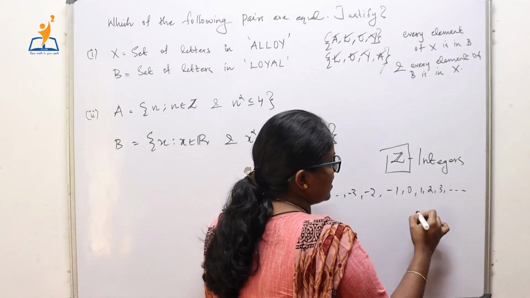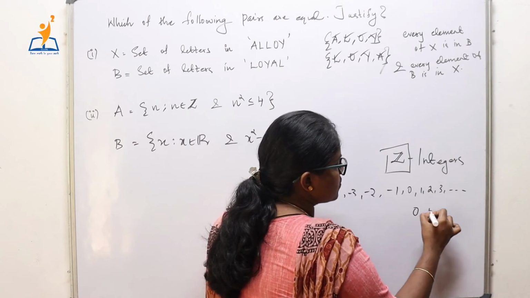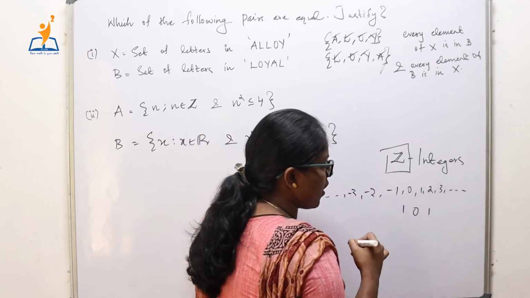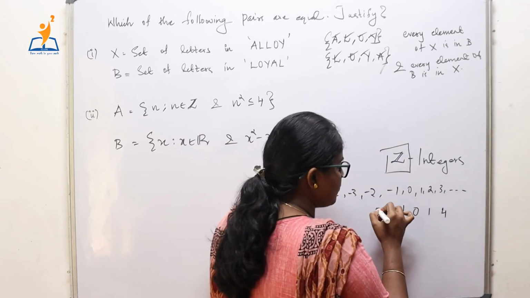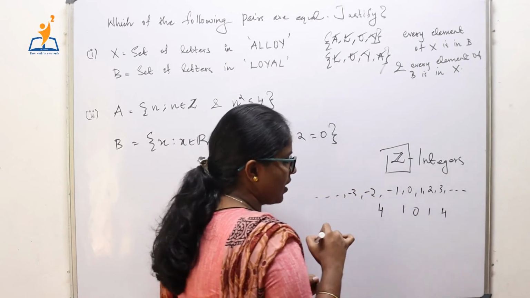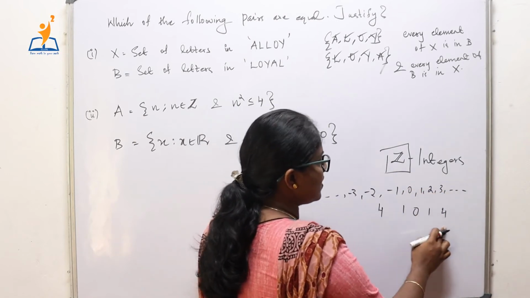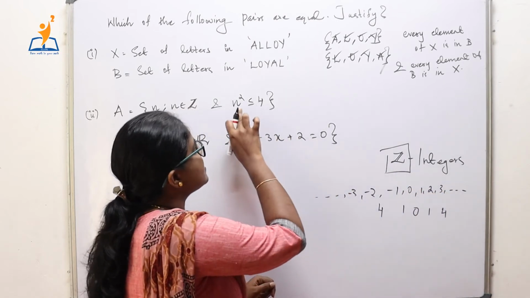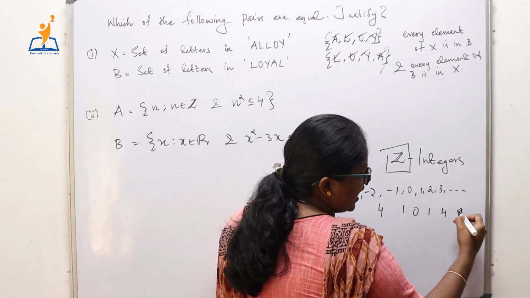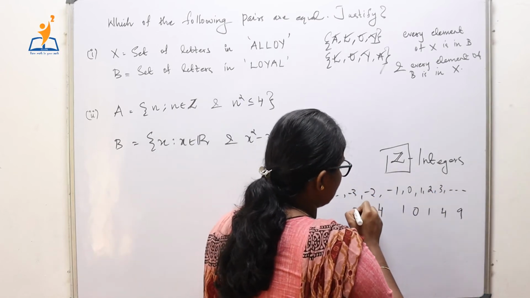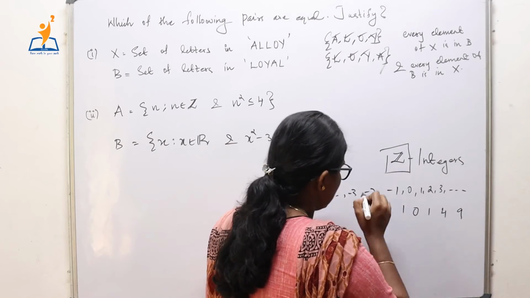We can take squares. Square of 0 is 0, square of 1 is 1, square of minus 1 is 1, square of 2 is 4, square of minus 2 is also 4. All these numbers satisfy the condition that n square is less than or equal to 4. Now what is the square of 3? It is 9. What is the square of minus 3? It is again 9.